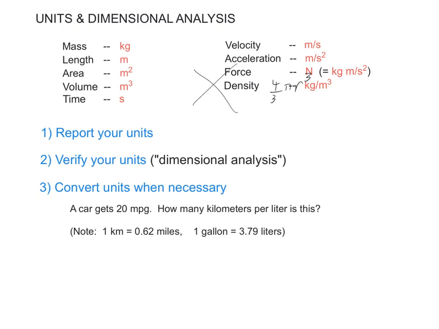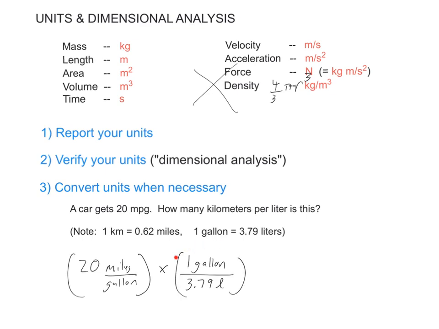Well, we can start with 20 miles per gallon. And now we can multiply this expression by the following. We know that 1 gallon is equivalent to 3.79 liters.